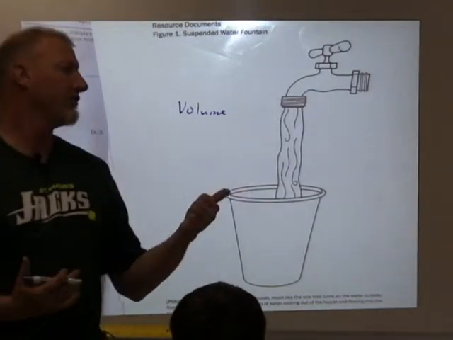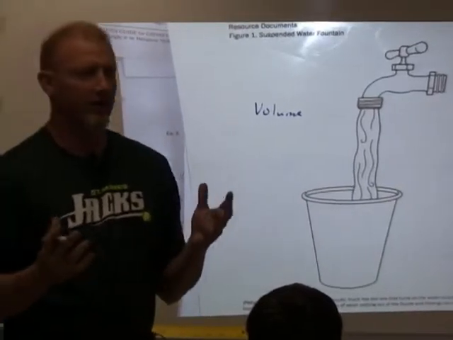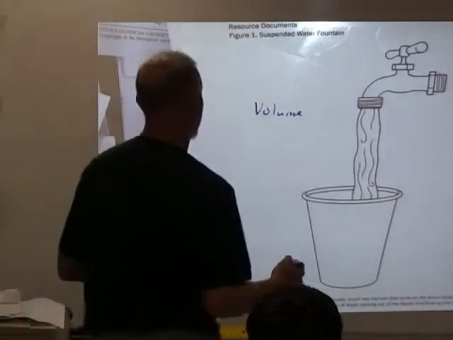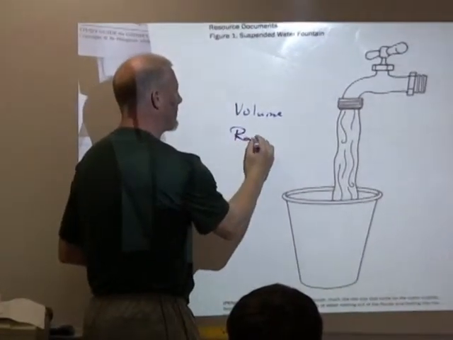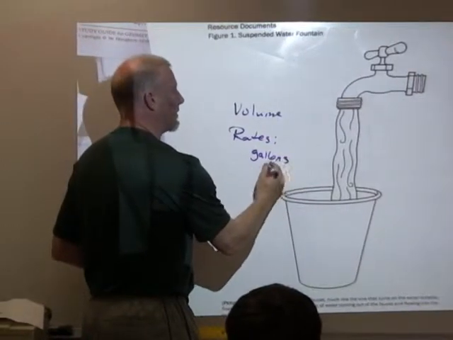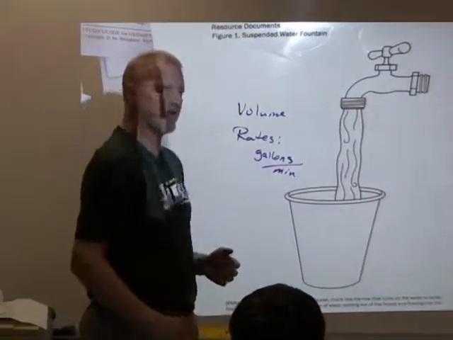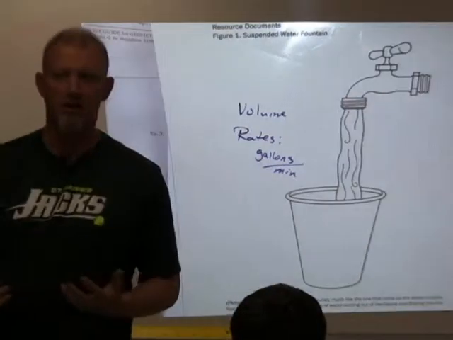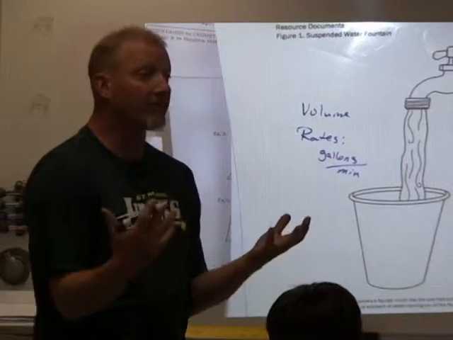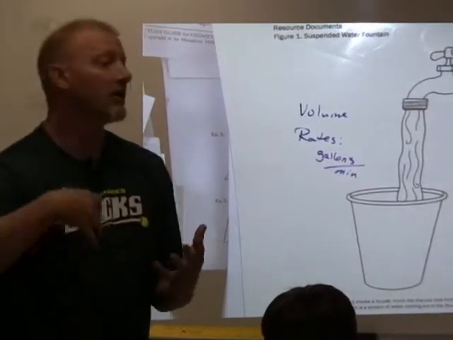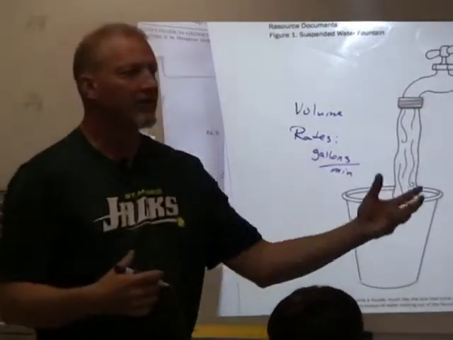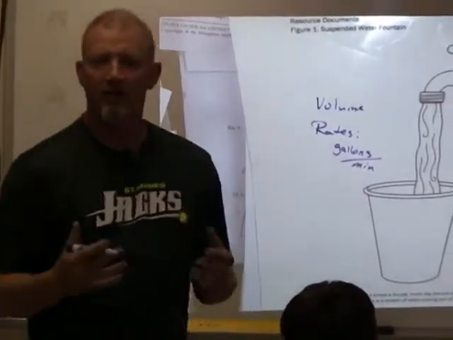Yesterday in geometry we had a worksheet that dealt with rates, like a gallons per minute sort of idea. So maybe they're going to tell you the volume of this fountain, and they're going to say it's flowing this many gallons every minute, and then you come up with a rate.